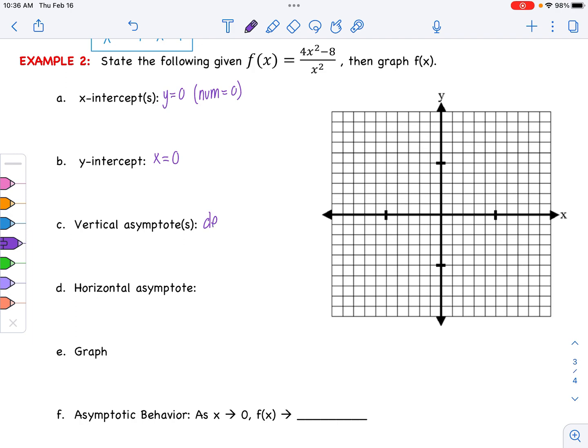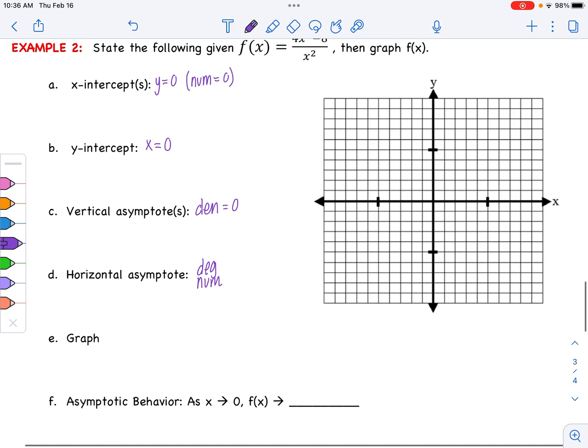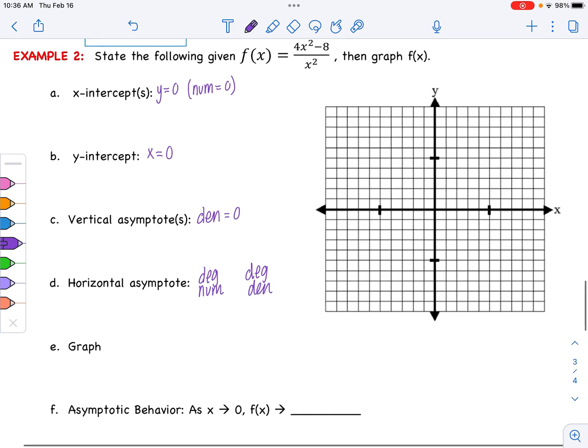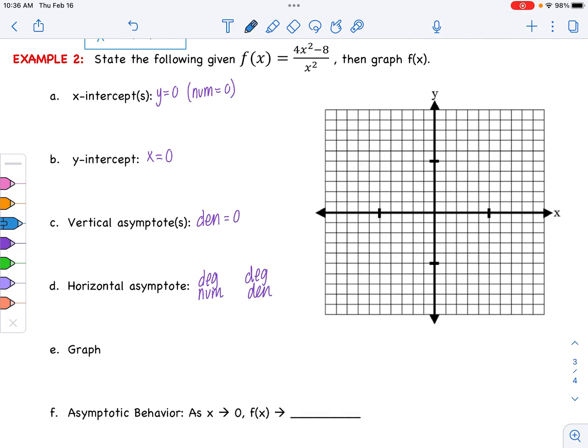Vertical asymptotes is denominator equal to 0. And then horizontal, we talk about the degree of the numerator compared to the degree of the denominator. So those should be the steps that you're thinking in your head as soon as you see a problem like this.